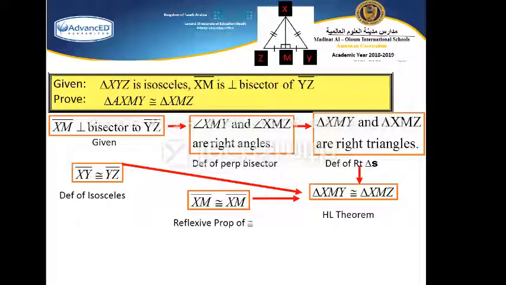And since it says XM is a perpendicular bisector, then we have right angles, and according to the perpendicular bisector, MY and MZ are congruent. Then we have the hypotenuse and leg of the two triangles, then both of them are congruent by the HL theorem.